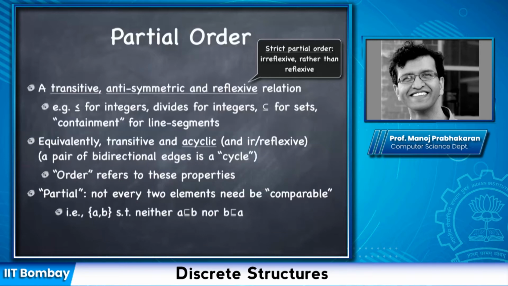So two elements A and B such that neither A is related to B nor B is related to A. And concretely, in the subset relation, you can very well have sets A and B such that neither A is a subset of B nor B is a subset of A. They could even have a non-empty intersection and still neither is a subset of the other. Okay.